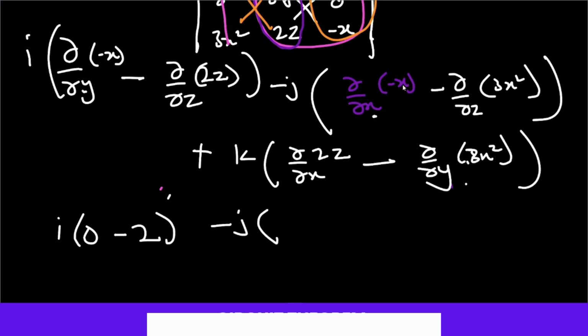Partially with respect to x, this is minus x, so that gives us minus 1. With respect to z, there is no z here, so the whole of this will be 0. So minus 0.